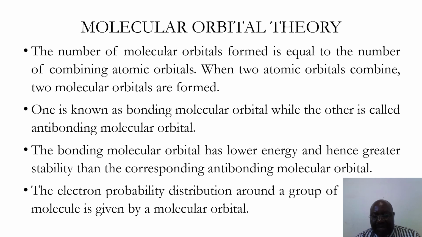If we think about our atomic orbitals being like waves, when one atomic orbital combines with another atomic orbital, there is a tendency of forming a molecular orbital in which we have more likelihood of bonding, and therefore we say it is a bonding molecular orbital.